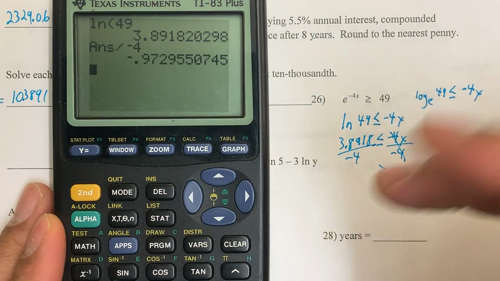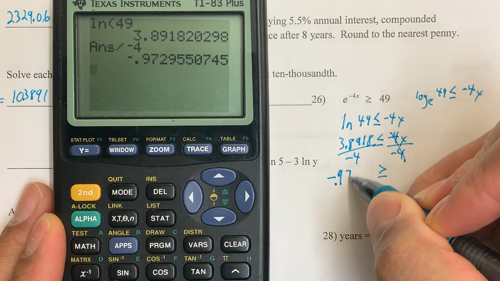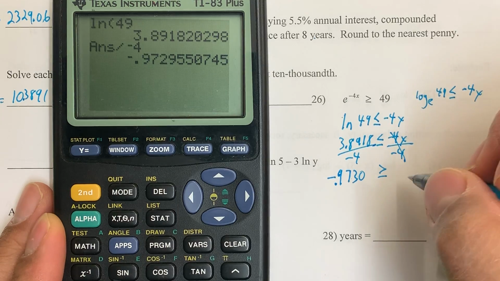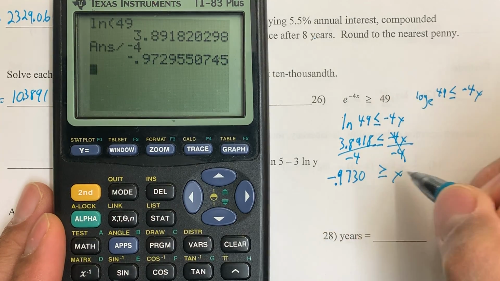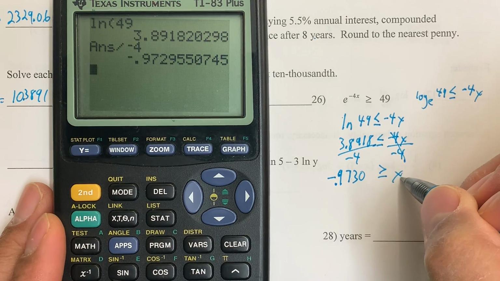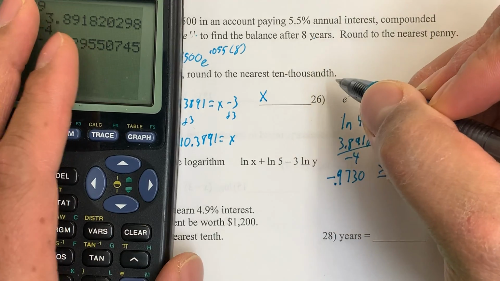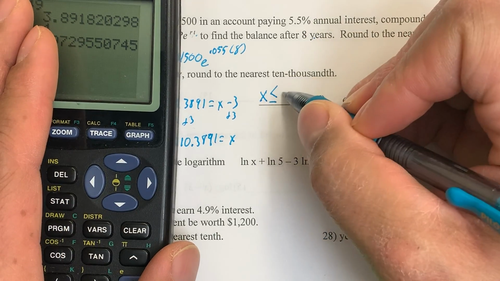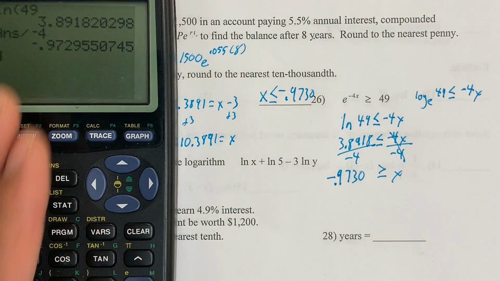And so we get negative 0.9730 because the 5 would round it up and so on, okay? So we have negative 0.9730 is greater than or equal to x. I would accept that. Of course, my preference is to have the x on the left, which means I then have to flip the sign one more time, negative 0.9730.